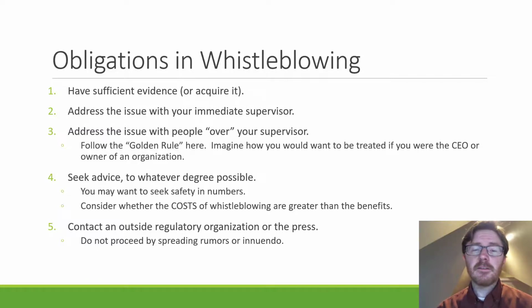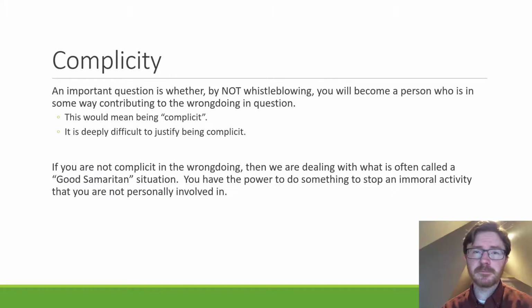Then the final step. Once you've done all the other things, you contact the regulatory organization or the press. Generally, this shouldn't be done by just spreading rumors. You should use reputable sources to spread the information about what's actually going on.